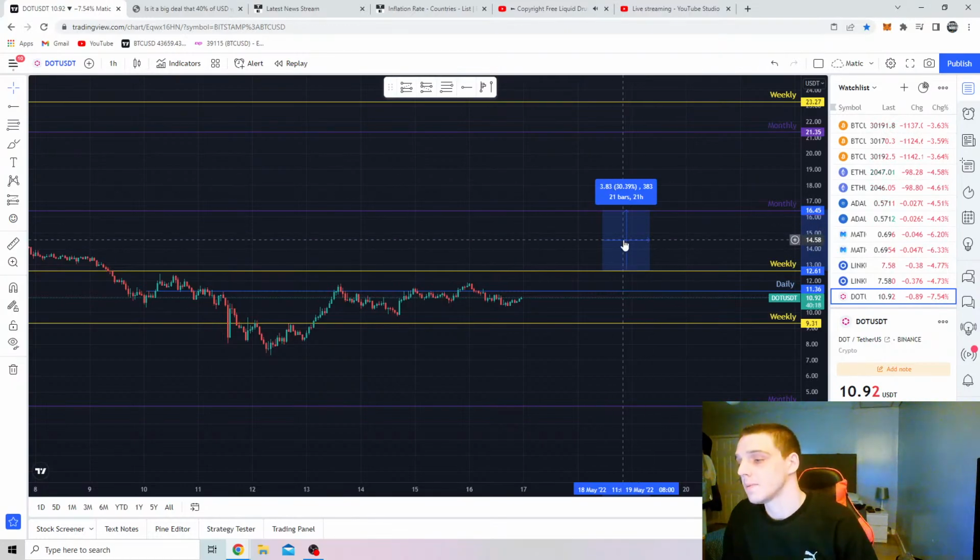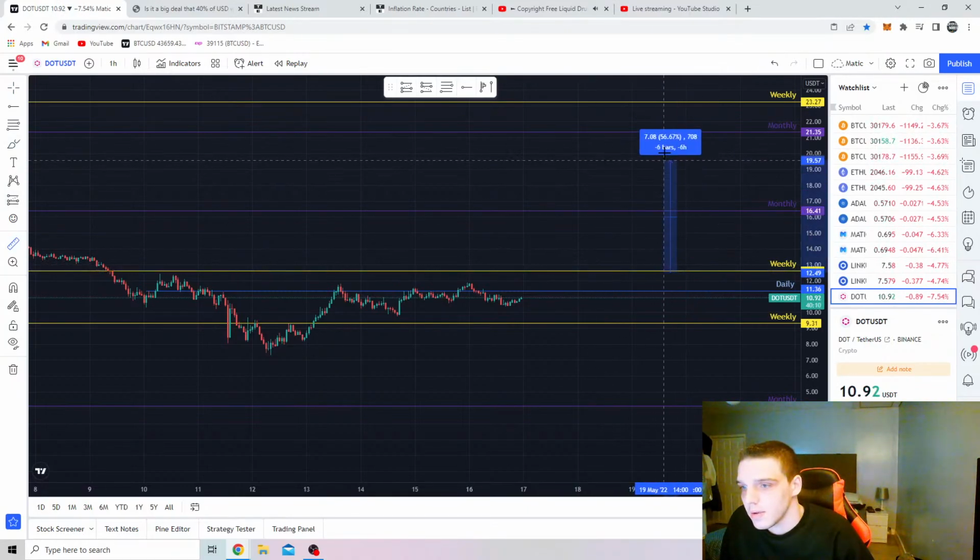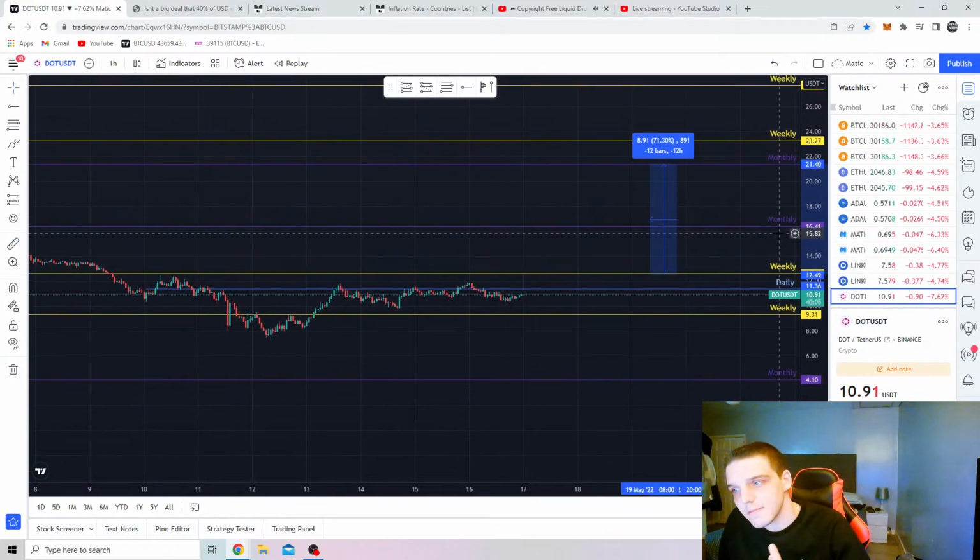If you're trading with 1,000 or a couple thousand, that could be some serious gains. And from that level to the next level, 72%. That doesn't seem that far away for a cryptocurrency like Polkadot, considering it was at $50.